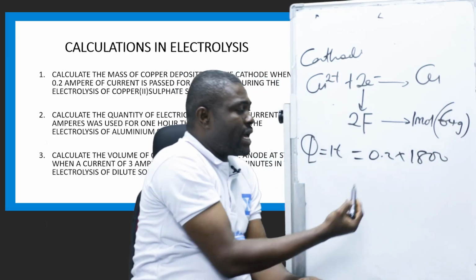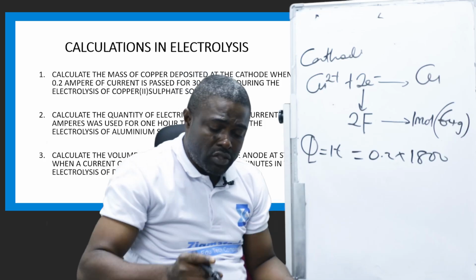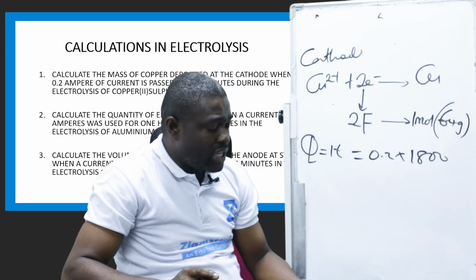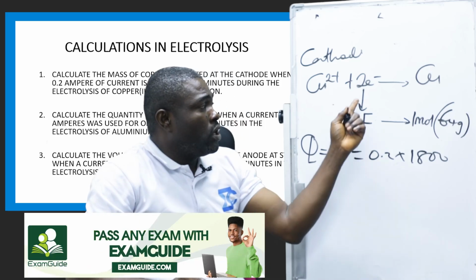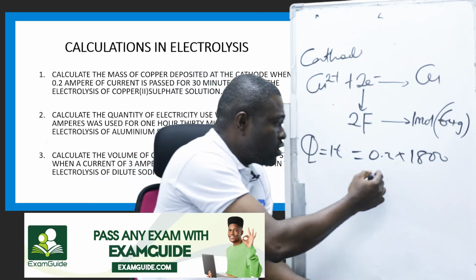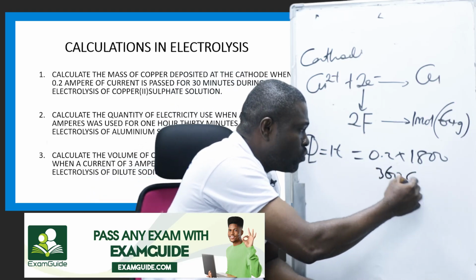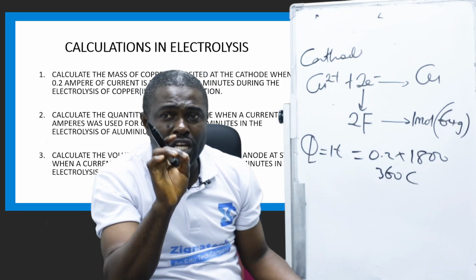By the time you multiply these two, you will have your quantity of electricity. That means 1,800 times 0.2, where 0.2 is the current in ampere. The value will give us 360 coulombs of electricity. This is what is passed across during the electrolytic process.